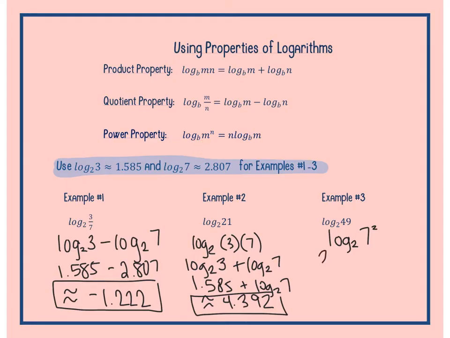So this is 2, so this 2 goes in front: 2 times log base 2 of 7. Well, I know log base 2 of 7 because it gave it to me. 2 times 2.807. Okay, so when I multiply those, I get approximately 5.614.